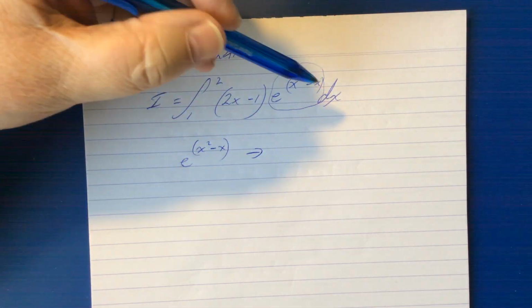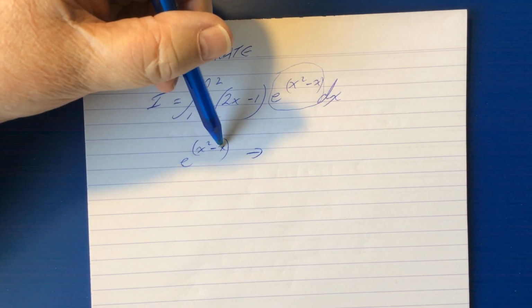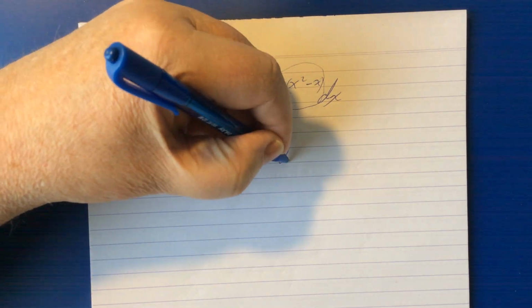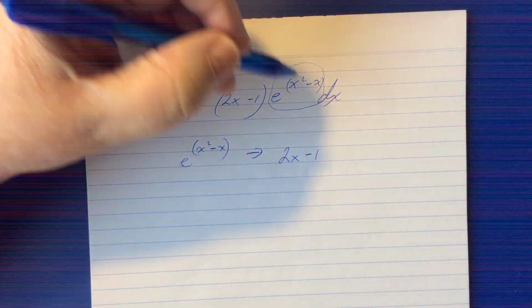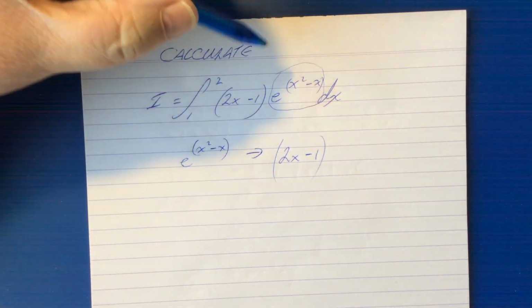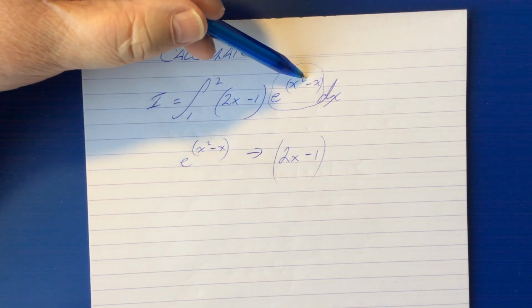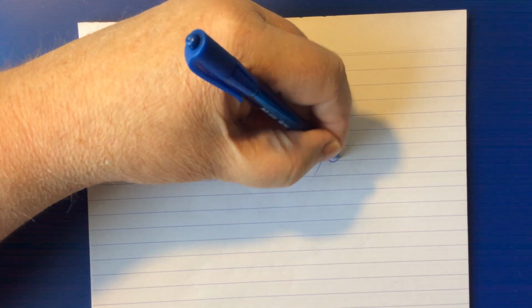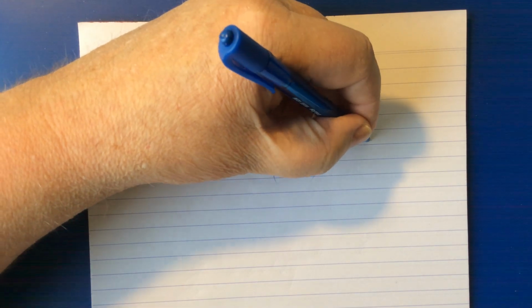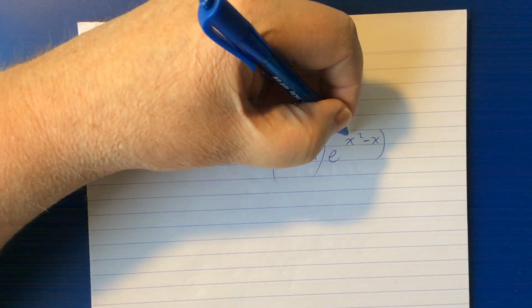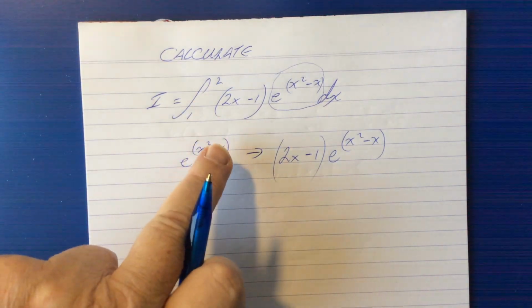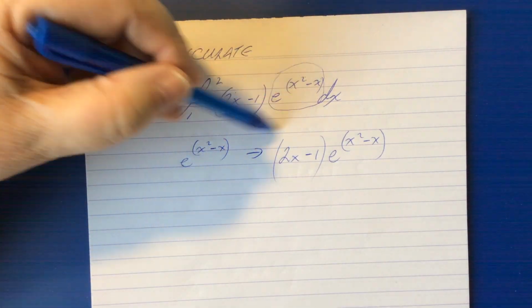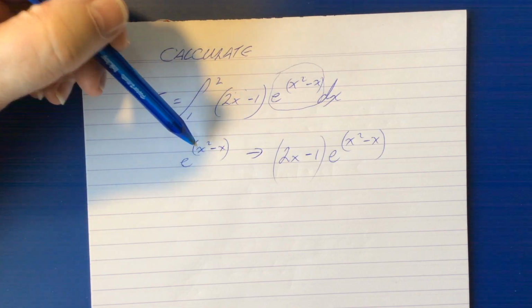The rule says that I differentiate this, which gives me 2x minus 1. You can see where this is going. And this remains. Look familiar? Yes, indeed. So the integral of this is this.